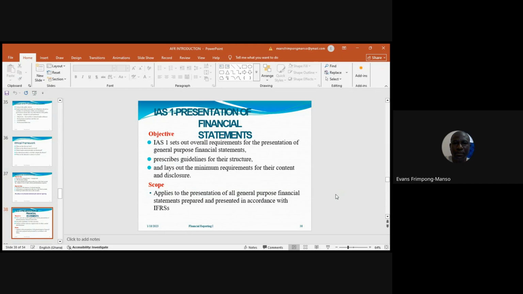It will give you the guidelines and the layout of the various financial statements that you should prepare. It's very, very important. So let's look at the layout or the structure.